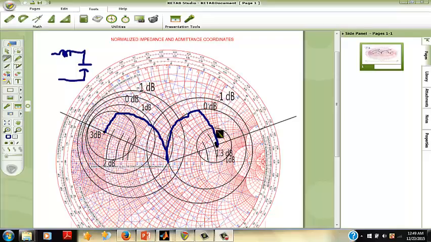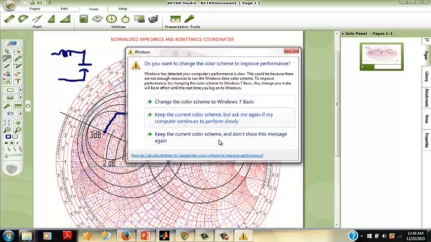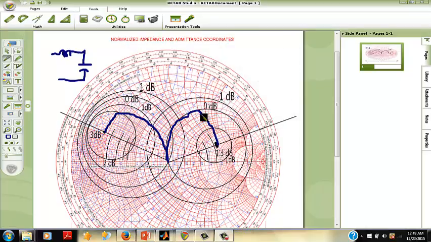Now for the matching network for the load, we are going to follow the constant conductance circles counterclockwise to the intersection with the resistance constant circles. On the conductance circles, we add a parallel inductance, and on the constant resistance circles, we add a series capacitance.